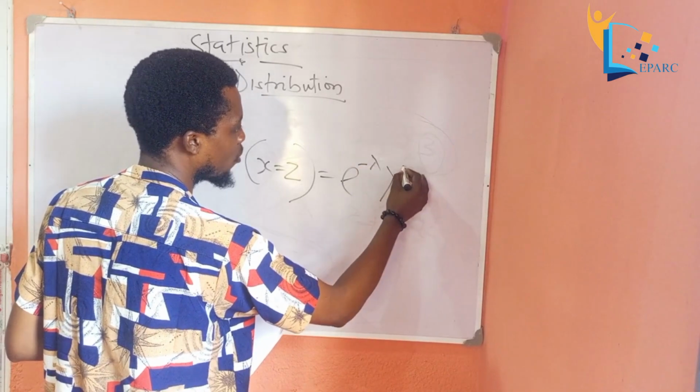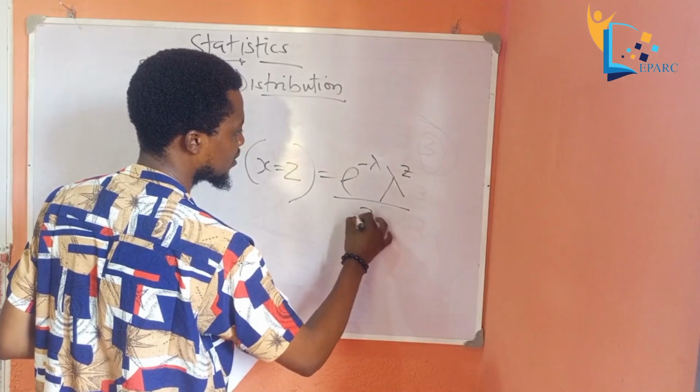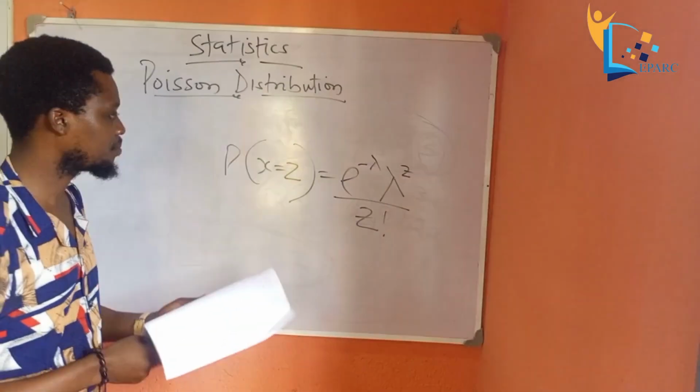Then lambda raised to the power of Z all over Z factorial, okay?